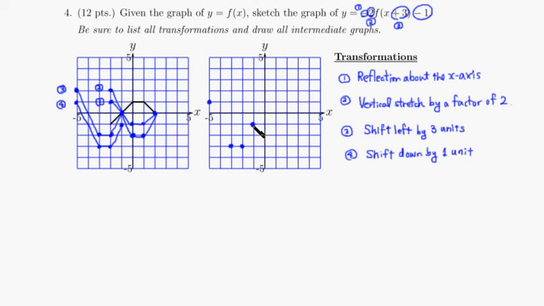Connect them all together here and here, and I go right here. So this is the graph of y equals -2 f of x plus 3, minus 1. That's it. I hope this was clear.